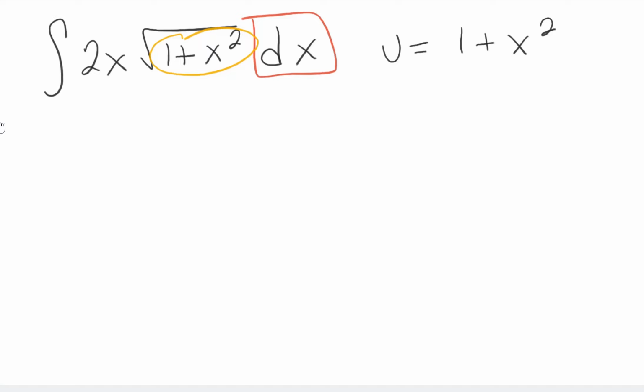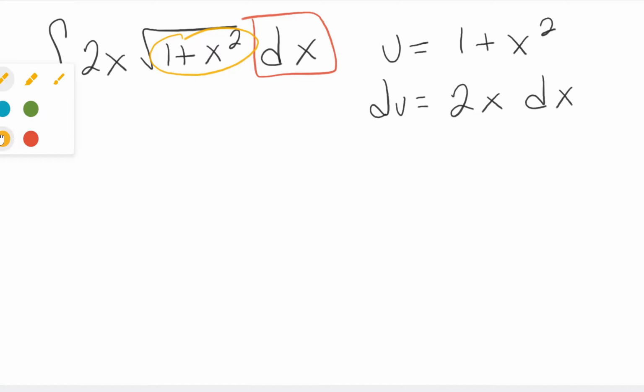We're now going to take the derivative of it, just like I did with my chain rule, but now I'm going to make sure I put du there, not u prime. And this is 2x, and we're going to make sure we add in dx. These two pieces are important.